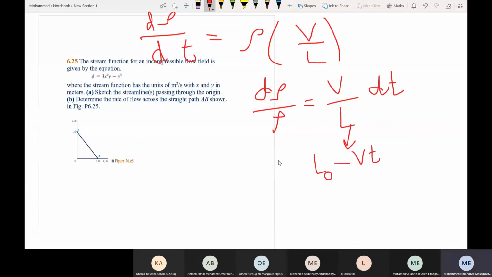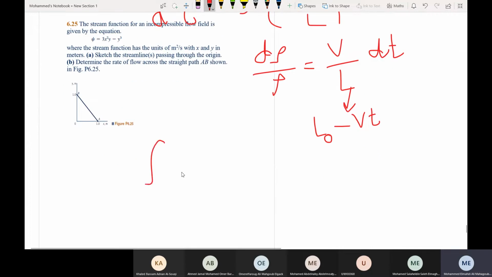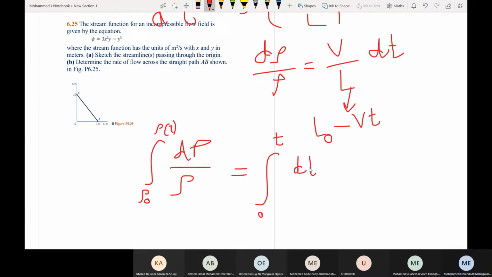Now we can integrate both sides. Integrate dp over rho from rho naught, which is the rho at the beginning, to rho as a function of time, which we want to find, equal to the integral from 0, the initial time, to the final time, let's call it t, of V over L naught minus Vt dt.